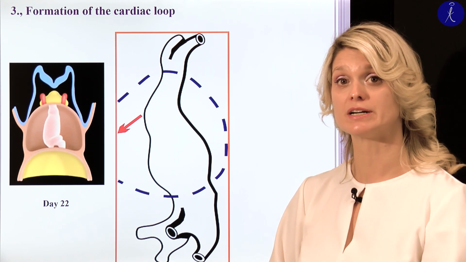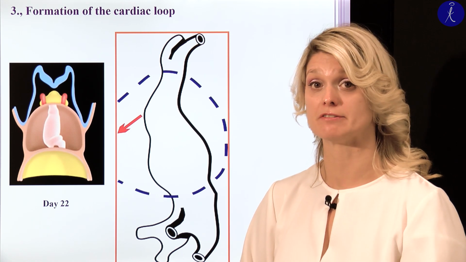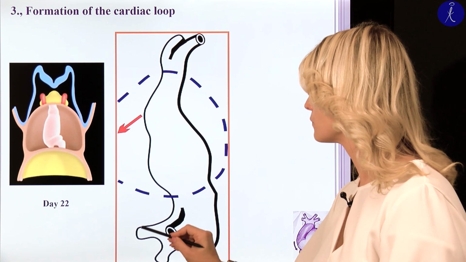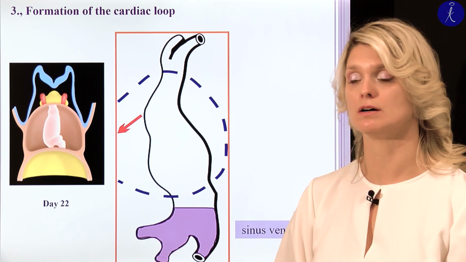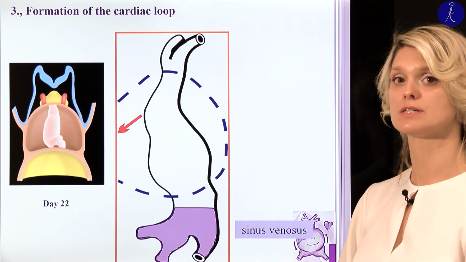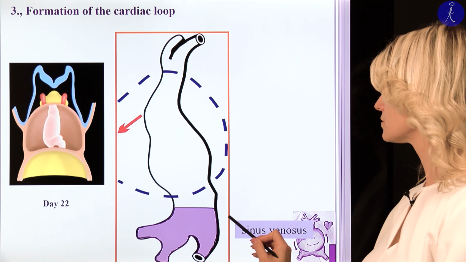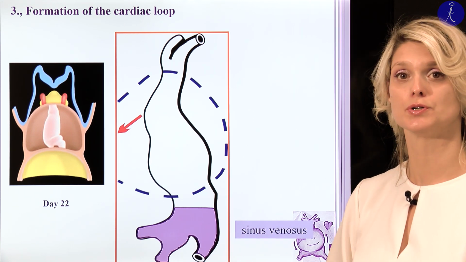We have to know very well the main parts of the primitive heart tube. What are those? If we start from the venous part, first we have to mention the sinus venosus. The sinus venosus is the first part of the primitive heart tube.